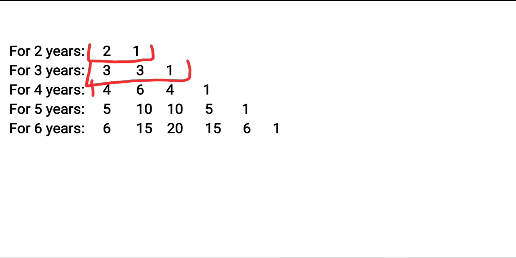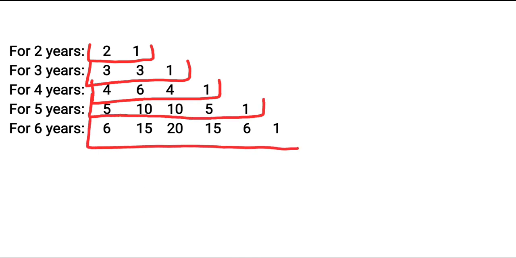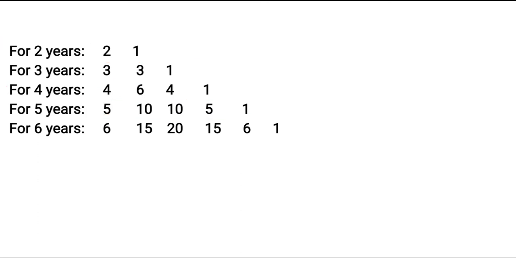For 4 years, 4 6 4 1. For 5 years, 5 10 10 5 1. And for 6 years, this. Usually they don't ask for 5 or 6 years, they usually ask for 2, 3 or 4 years. Obviously it's better if you just memorize, especially these three, and it's not difficult, you can memorize these numbers, right?